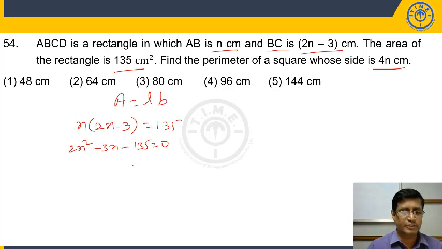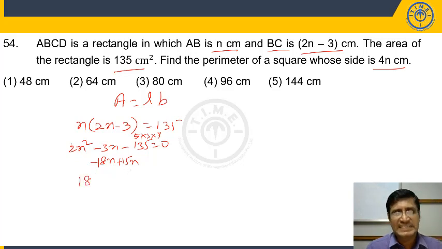So what are the factors? 135 is 5 into 3 into 9, and here 2 is given. So what is the result? 2 into 9 is 18, 3 into 5 is 15. So 15n and 18n difference is 3n. So what are the values? Minus will become plus, plus will become minus.